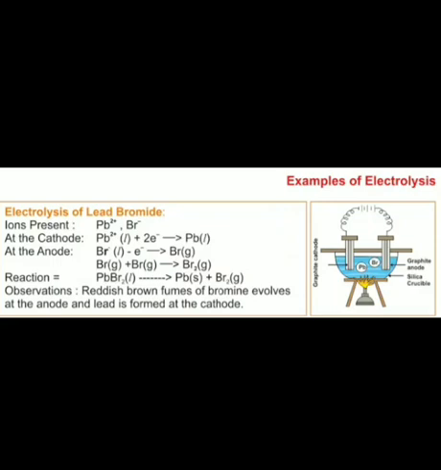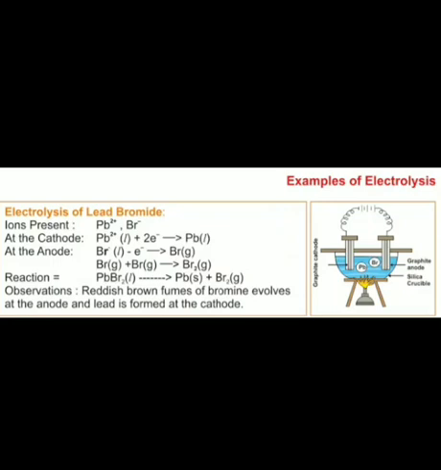So what happens? At the cathode it gains electrons, that means reduction takes place. At the anode it loses electrons, that means oxidation takes place. So what do we observe here? At the anode, bromine gas is evolved, and at the cathode, lead metal, Pb, is formed.